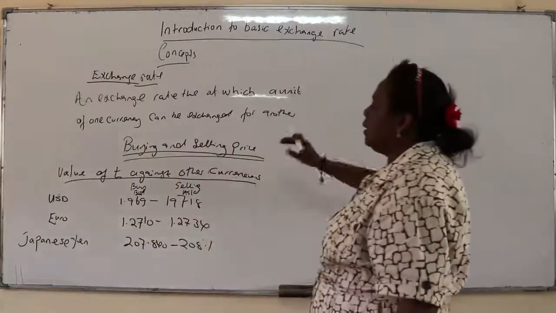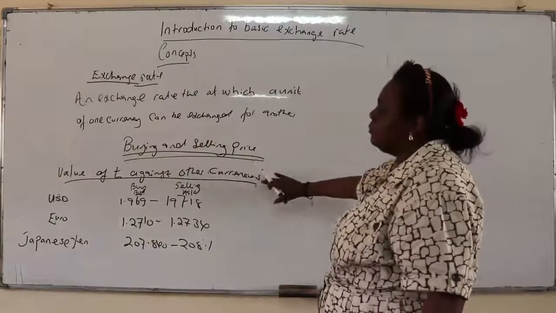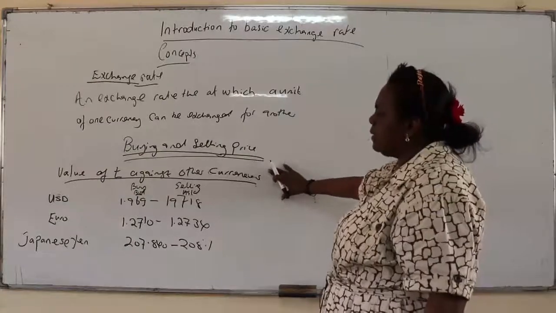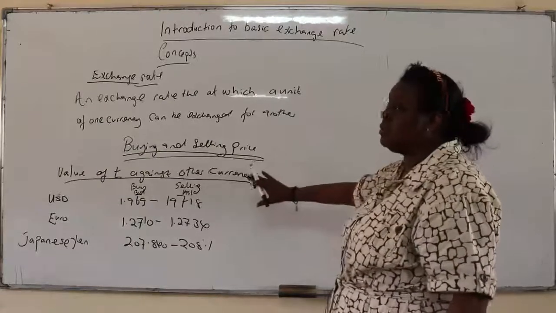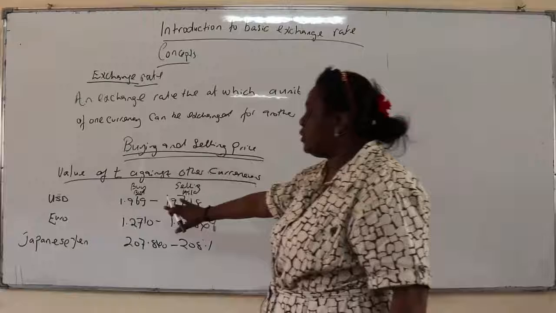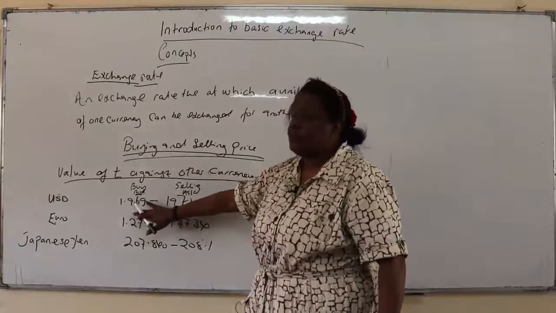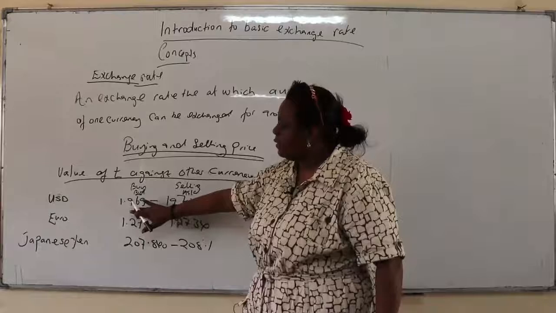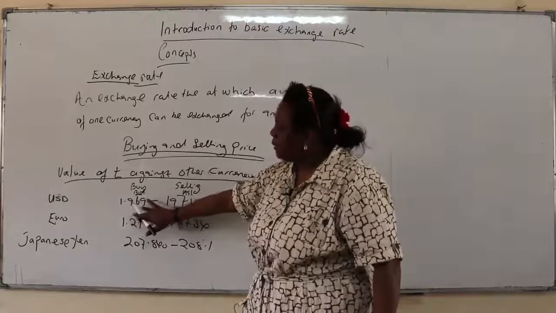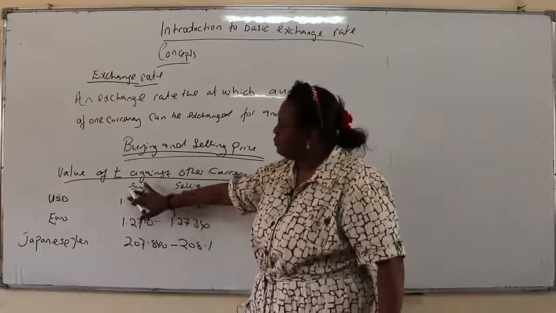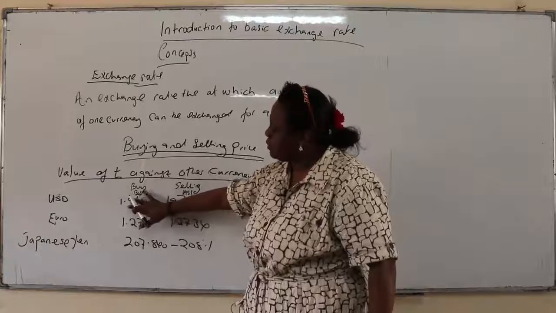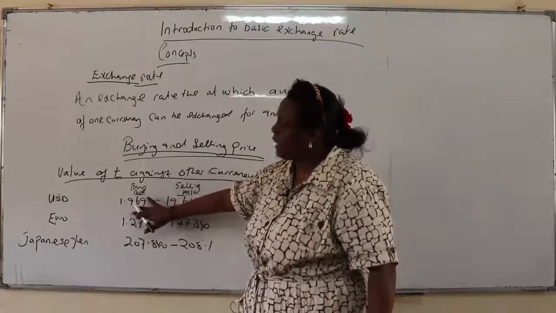So a person in Britain is going to sell dollars to the bank, or the bank is going to buy dollars from an investor at 1.9695, so that he can get sterling pounds.